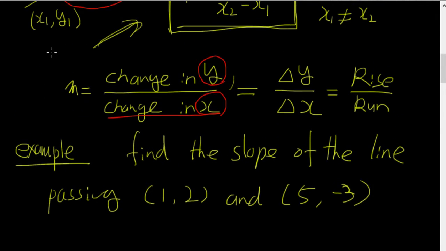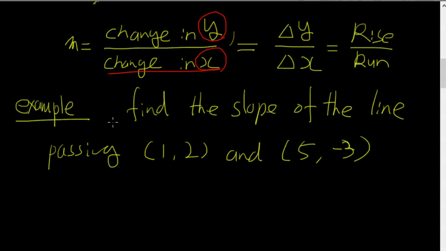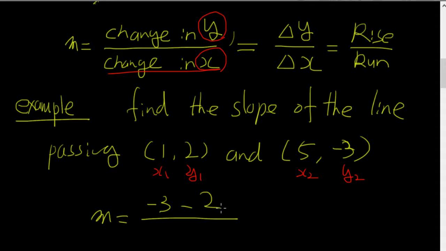All we need to do actually is, if you remember this formula, put that in that formula, right? So let's say this is our x1, this is y1, this is x2, this is y2. So m, the slope that we want, is y2 minus y1 over x2 minus x1.